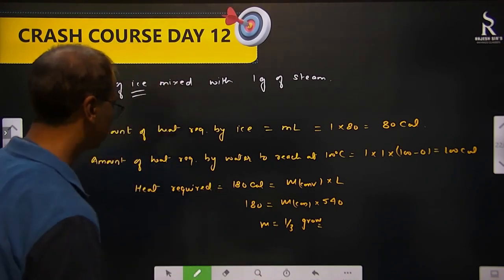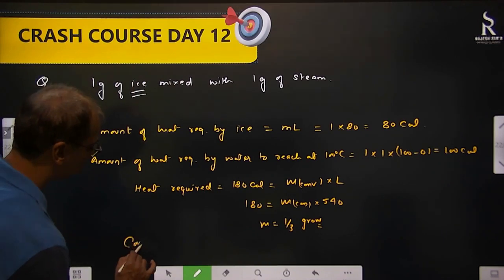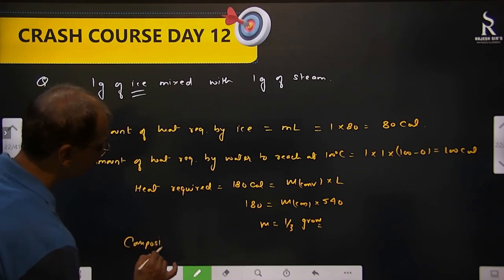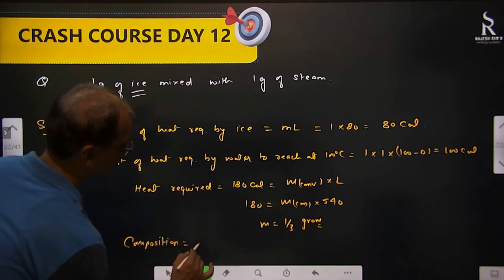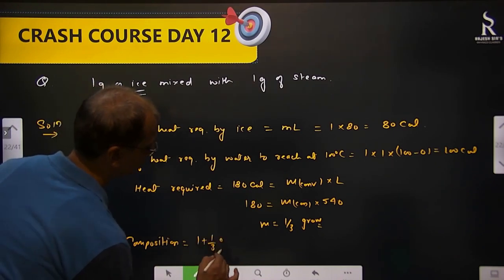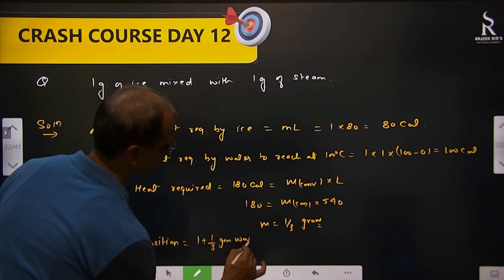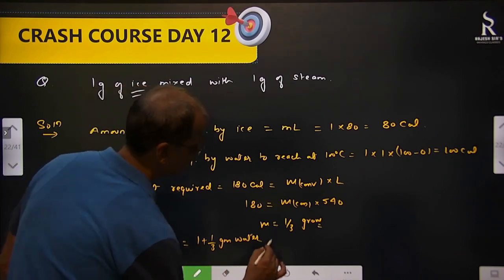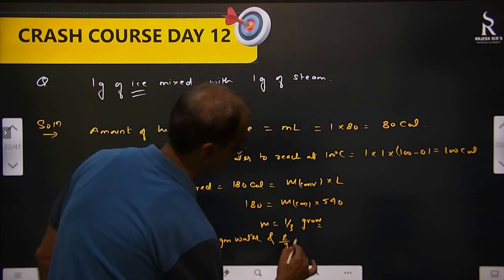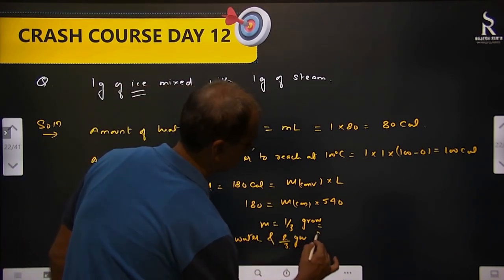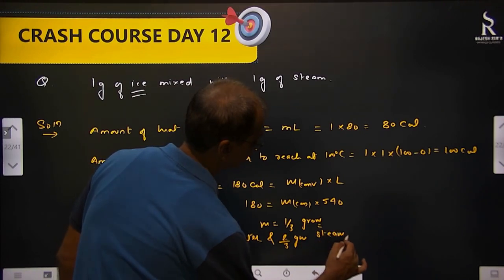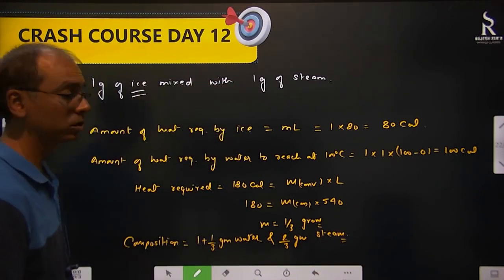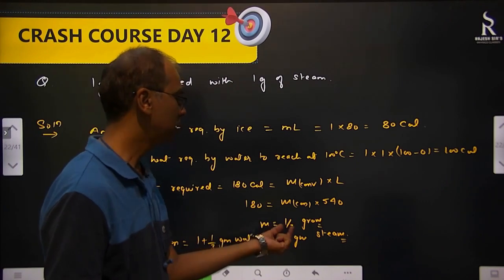So what is composition? Composition is how much water? 1 plus 1 by 3 gram water and 2 by 3 gram steam. Understood that? 1 by 3 gram of steam converted into water.